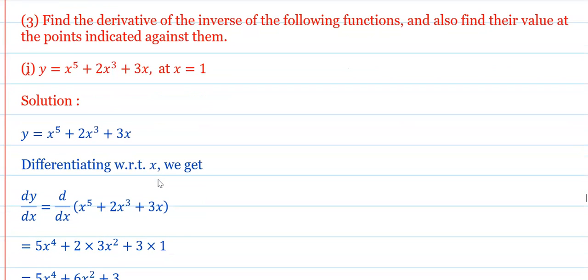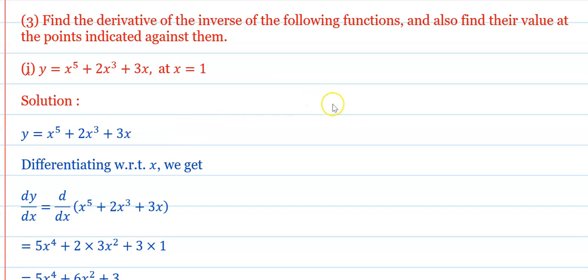Okay. Now the next question. Find the derivative of the inverse of the following function and also find its value at the point indicated against it. We have to find the derivative of the inverse function at x is equals to 1.